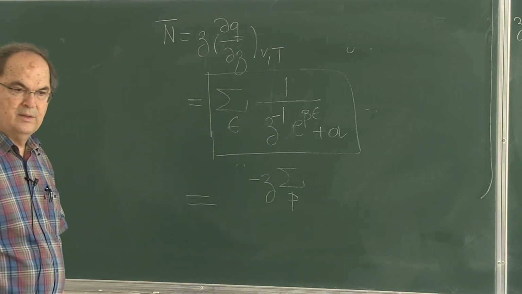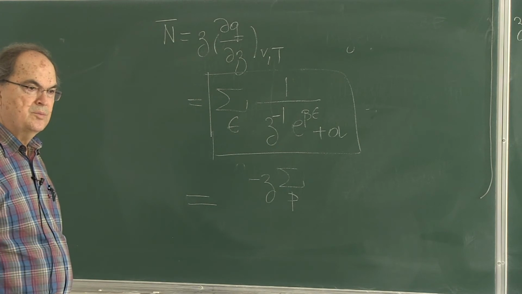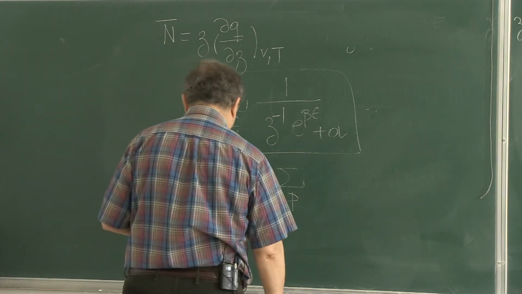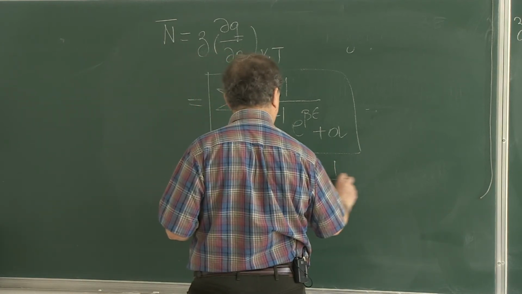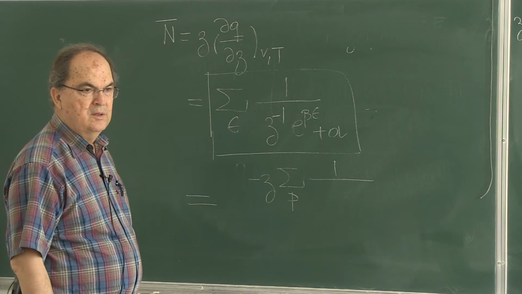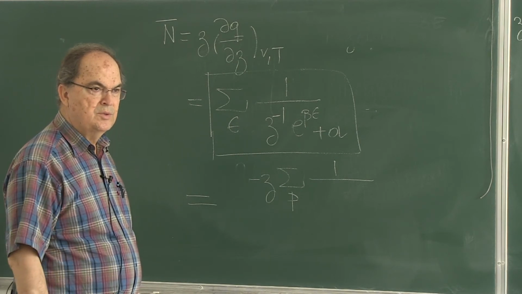Let's collectively show the quantum numbers as P. If these are simple gases, we are dealing with plane wave states individually.